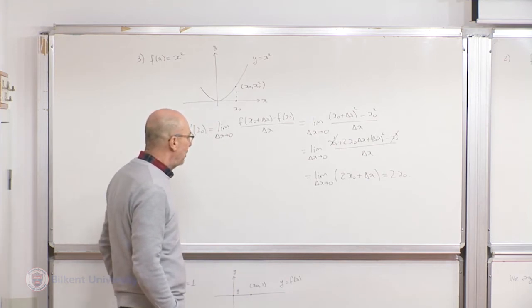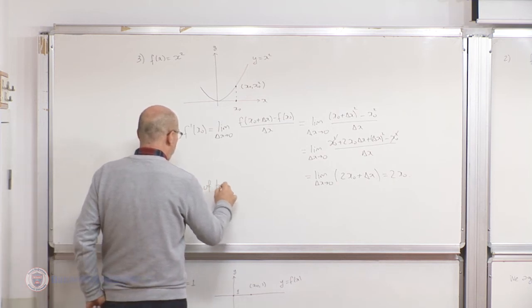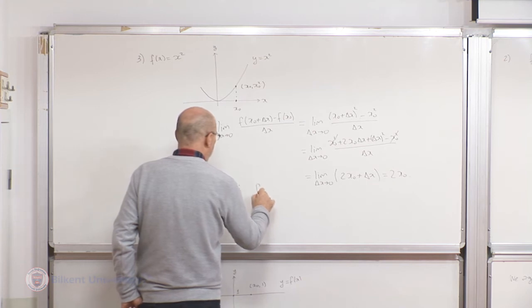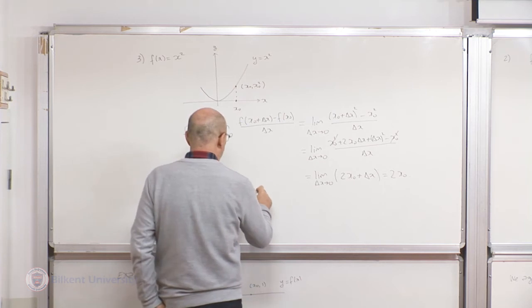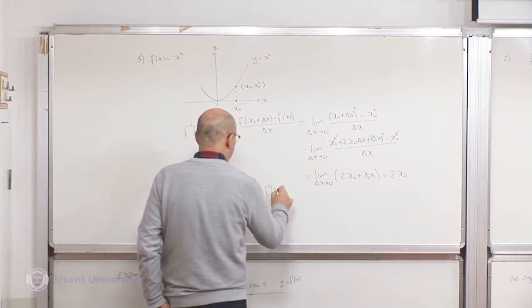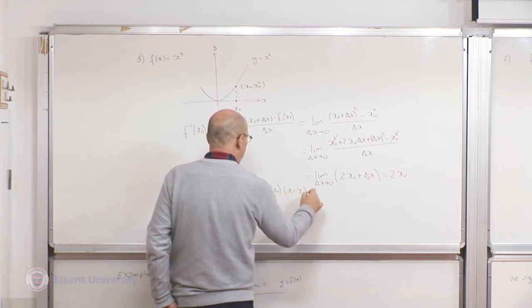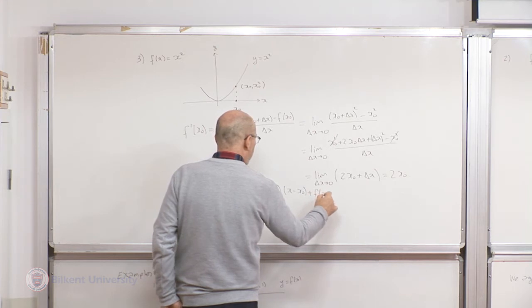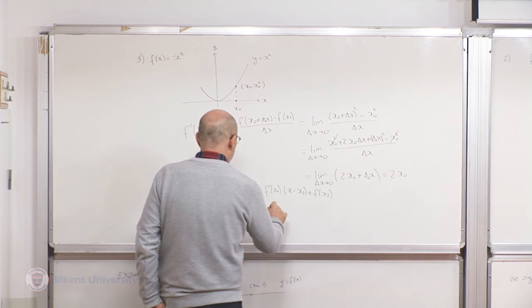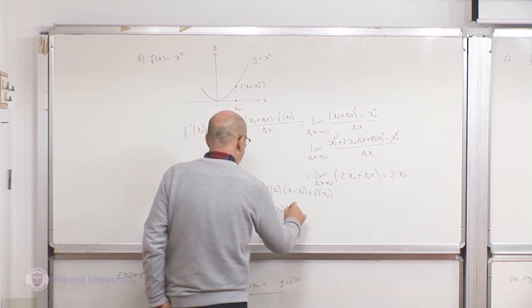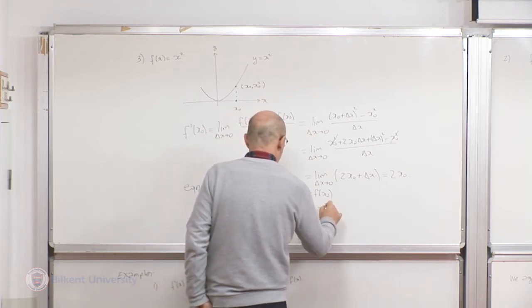Okay, so let us write the equation of the tangent line. So this is y equals f prime x sub 0 times x minus x sub 0 plus f of x sub 0. It will be 2x sub 0 times x minus x sub 0 plus x sub 0 square.